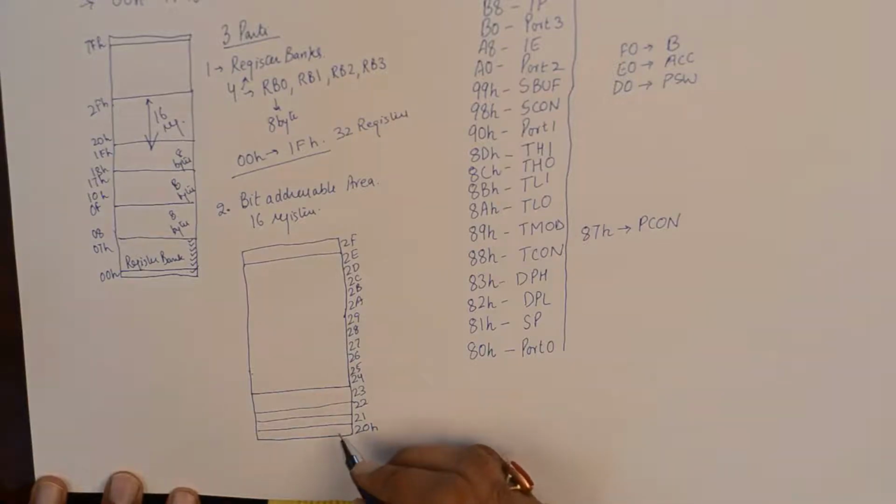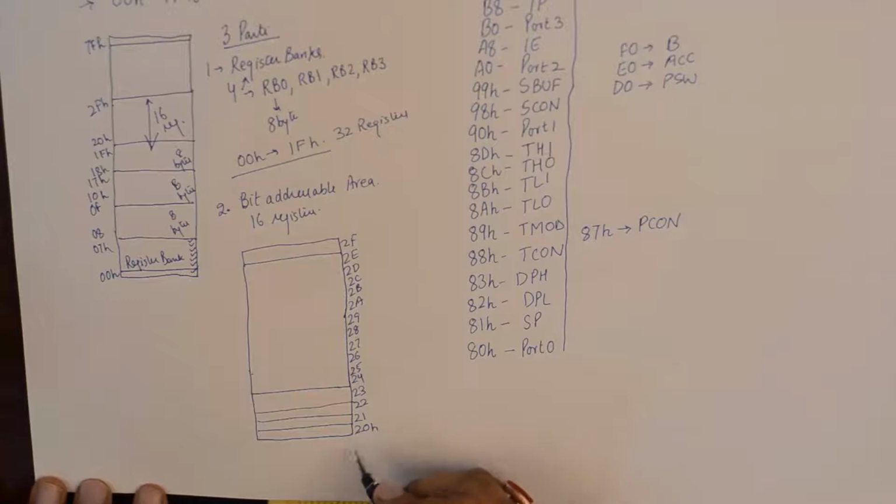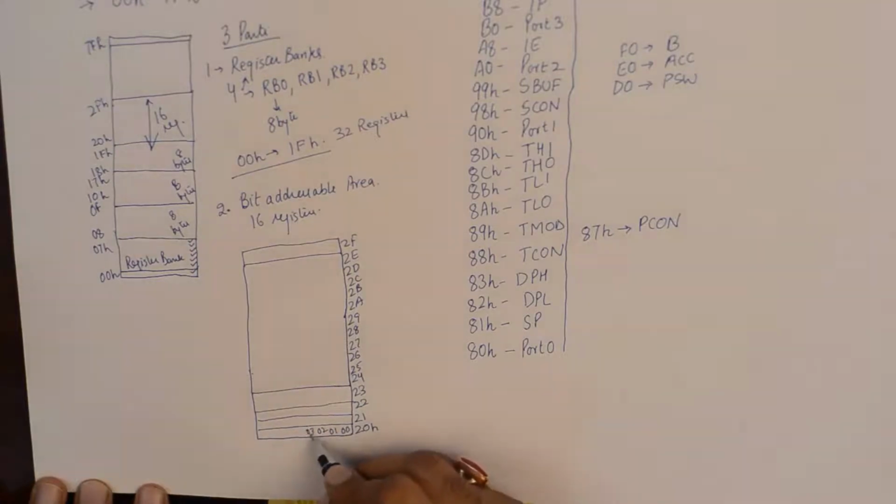So the bits inside the first register are labeled as 00H, then 01, 02, 03, 04, 05, 06 and 07.